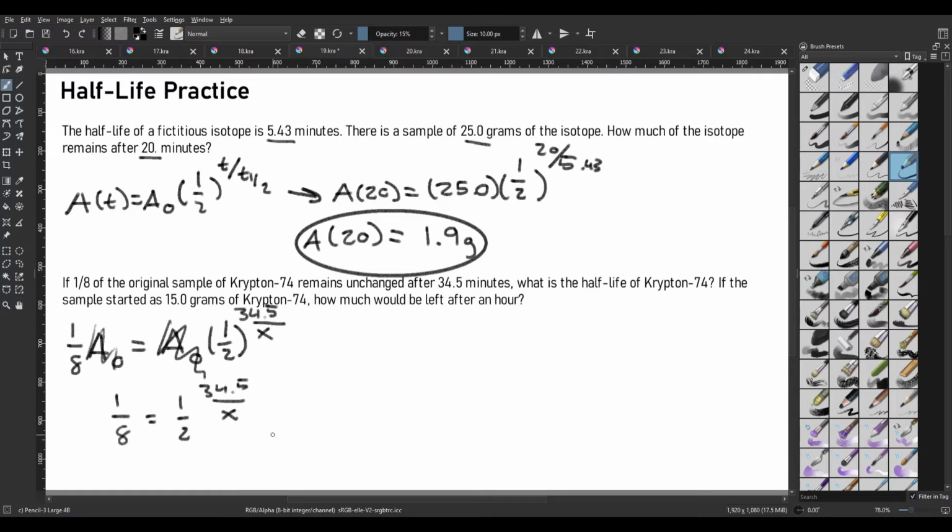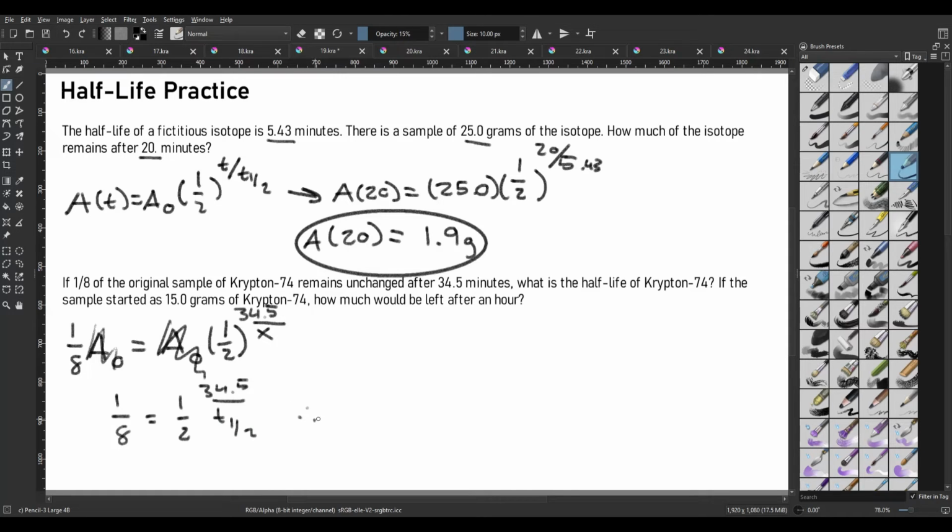So if we put this in our calculator, it's just going to be 1/8, of course, equals 1/2 to the 34.5 over x. The half-life, x, why don't we change this to t sub 1/2, just to keep notation consistent.